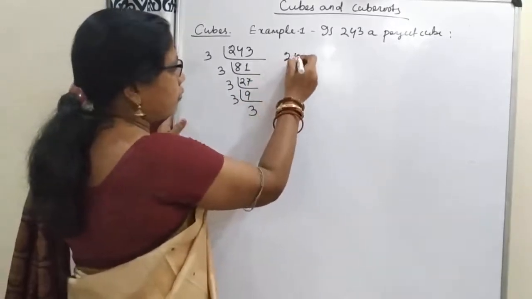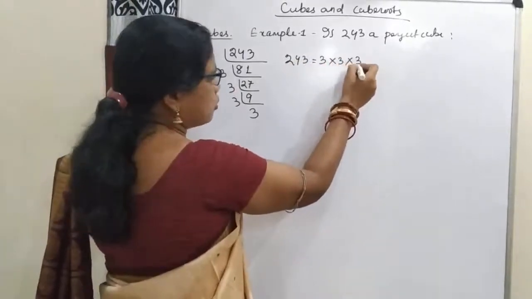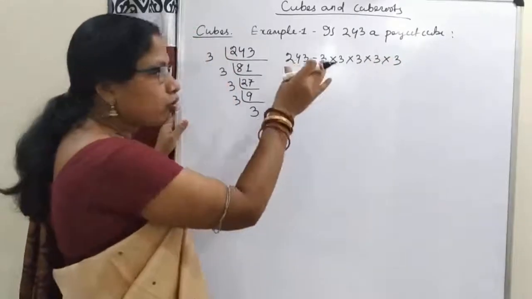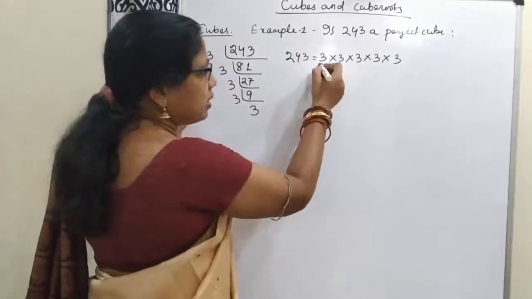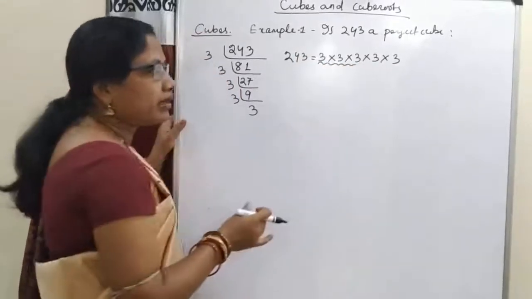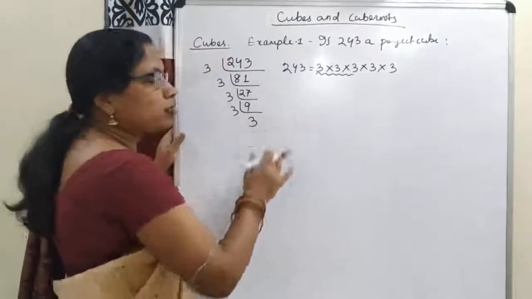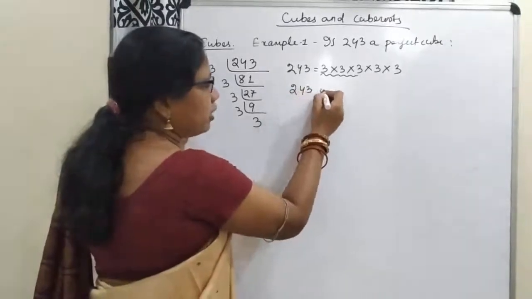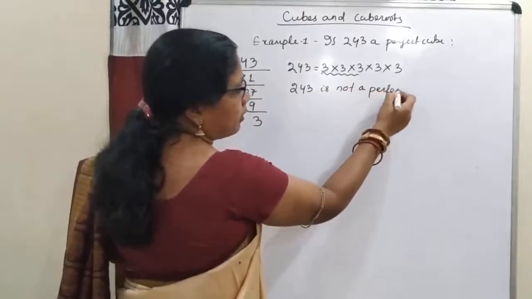So 243 is equal to 3 multiplied with 3, and there are five 3s. Then we have to group the factors in triplets, that means 3 factors in a group. After grouping in 3s, two 3s are left. So 243 is not a perfect cube.